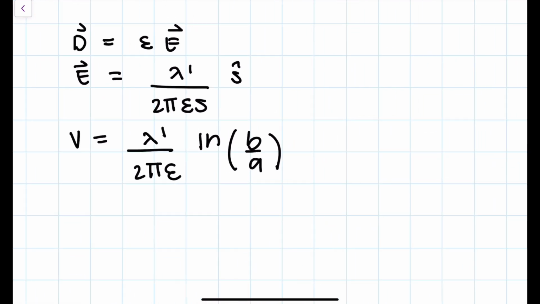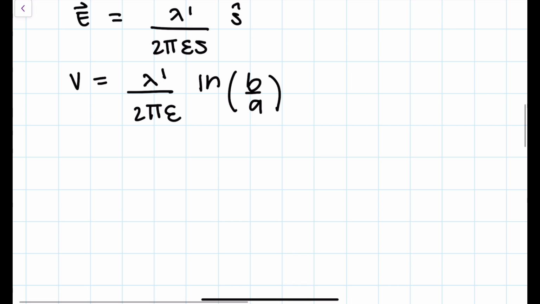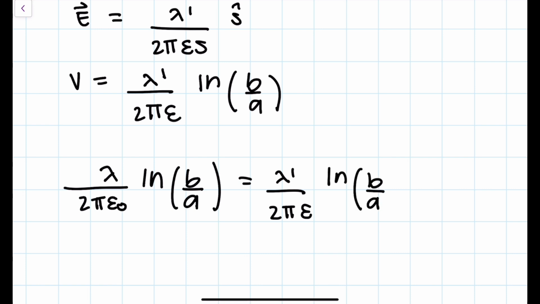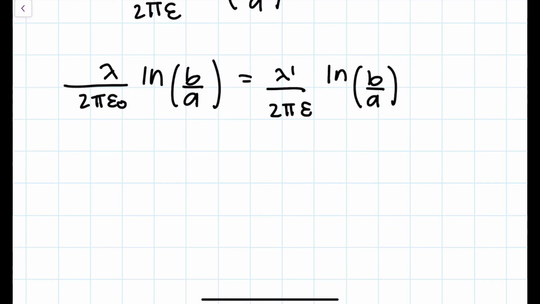Almost everything cancels out, and we are left with lambda prime equal to lambda over epsilon naught times epsilon.